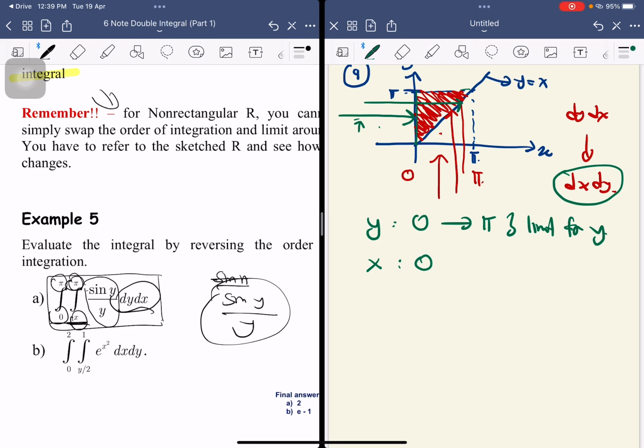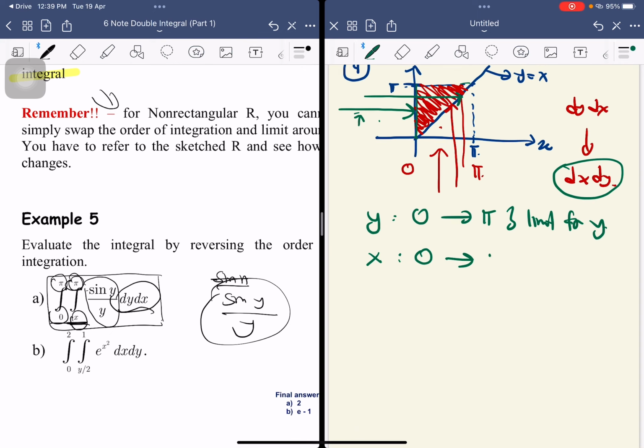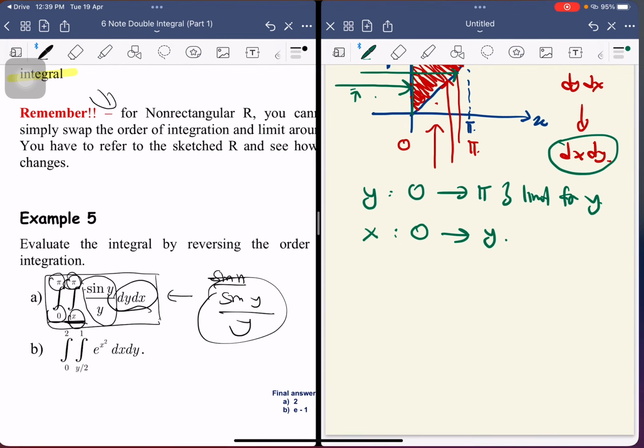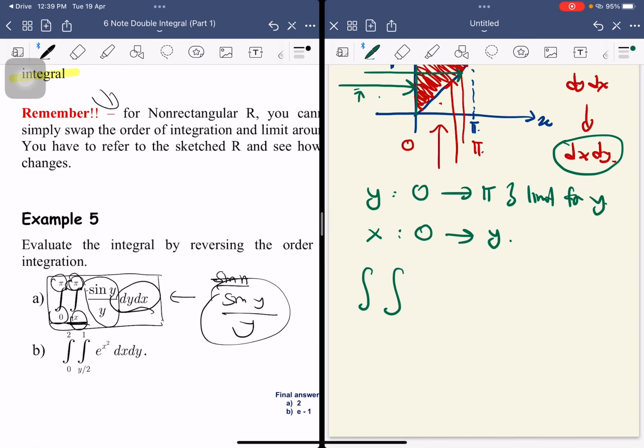This line is y equal to x, so we take x as the subject, meaning the upper limit is y. Now if we write it in this form, we have sine y over y, and the new order is dx dy. The limit of x is 0 up to y, and the limit for y is 0 up to pi.